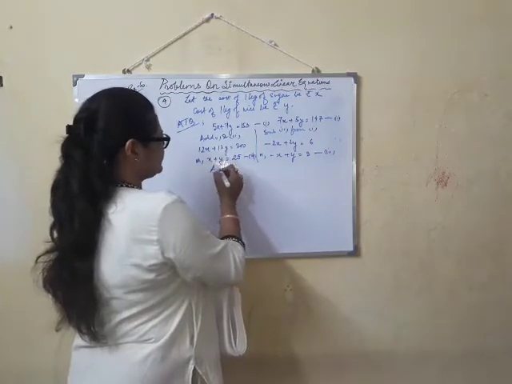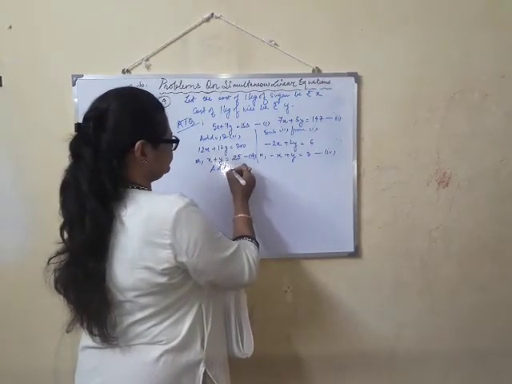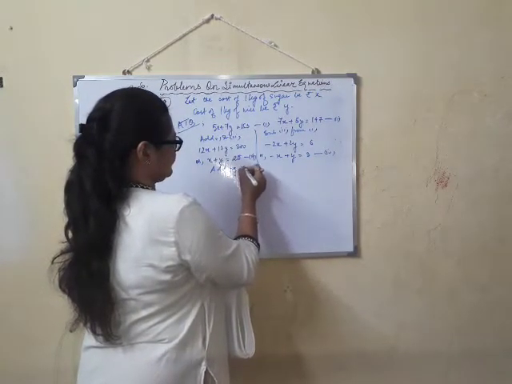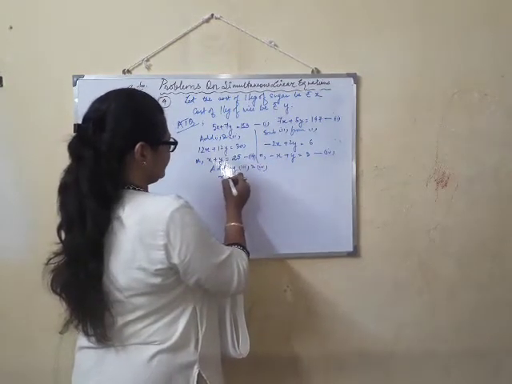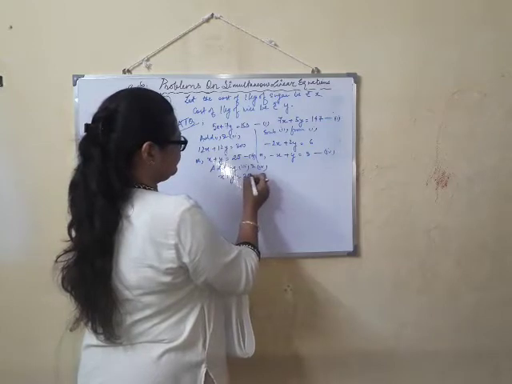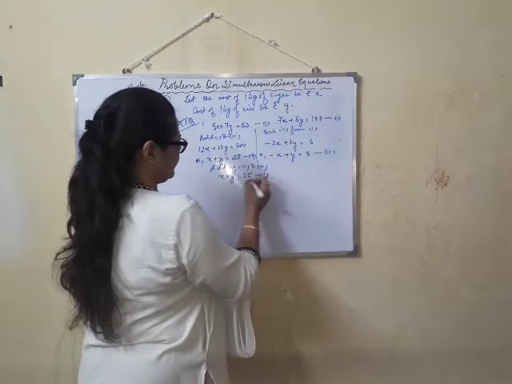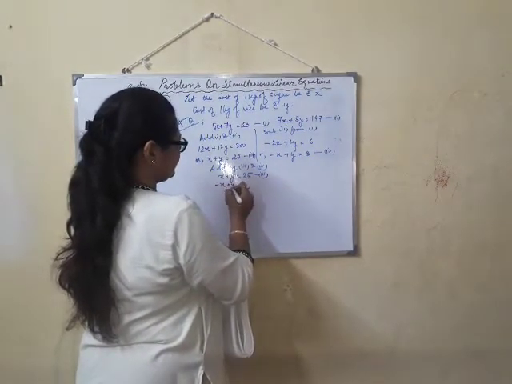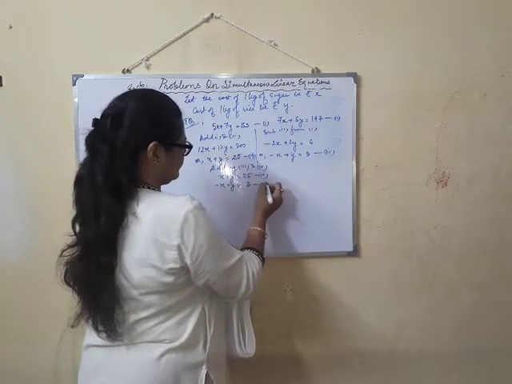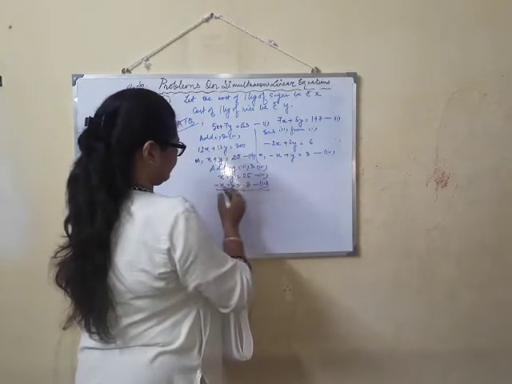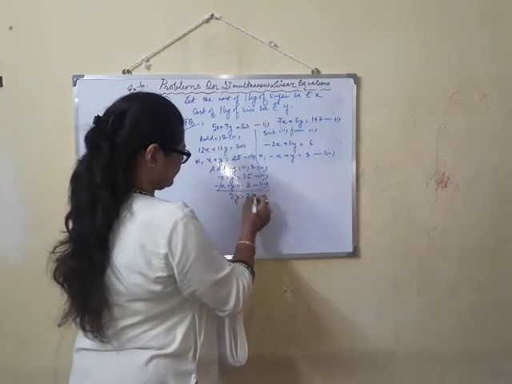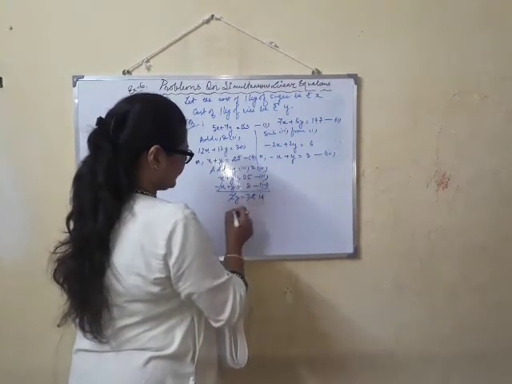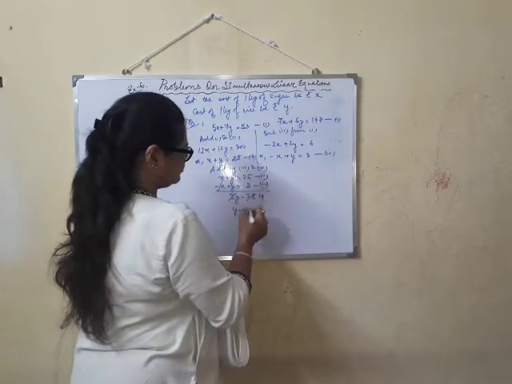What I am doing is that I am adding up the two new equations that we have got. x plus y is equal to 25 and minus x plus y is equal to 3. So I get y is equal to 14.